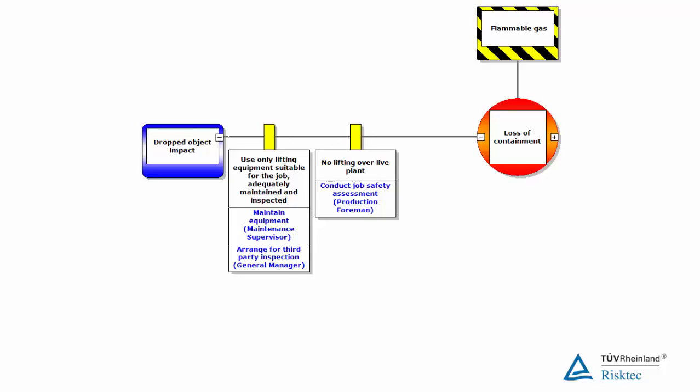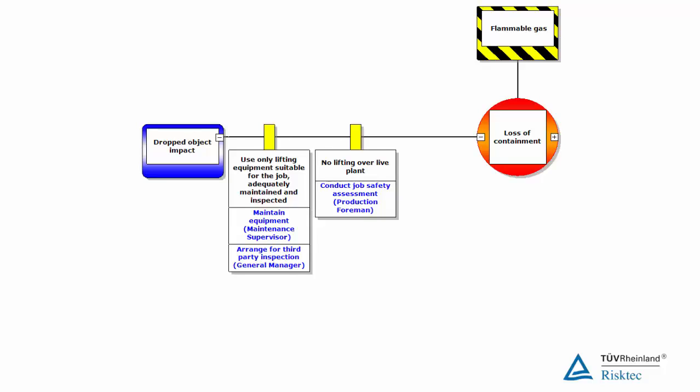Another avenue of the analysis that we might choose to develop is to look at the safety critical activities supporting the barriers. Each prevention measure or mitigation measure will only continue to function if it is maintained properly. So, for each box on the diagram, we ask what activity or activities need to be carried out to keep this barrier working.